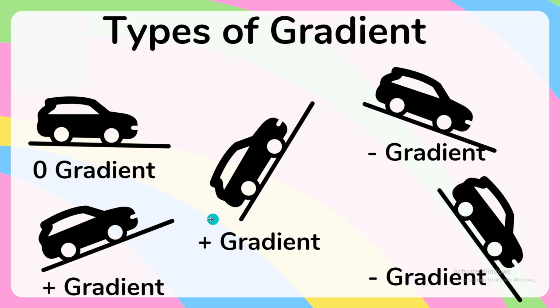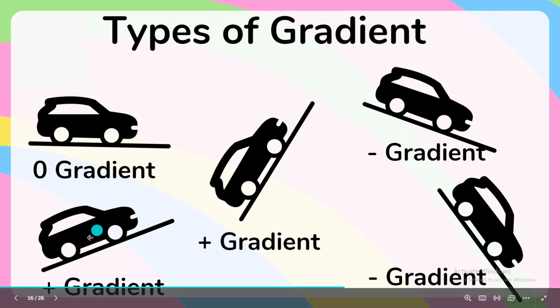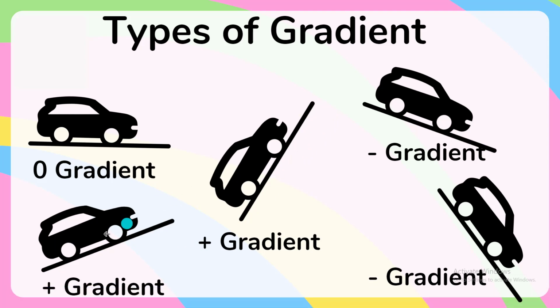And also, here in the positive gradient, the steepness is low compared to this one. Here it is more steep, here it is less steep. So the gradient of this one is less compared to this one. Same with this also. In the negative gradient also, here it has more steepness. So we'll be telling it as 0 gradient, positive gradient, negative gradient. 0 means it's a flat line, positive if it is uphill, and negative if it is downhill.